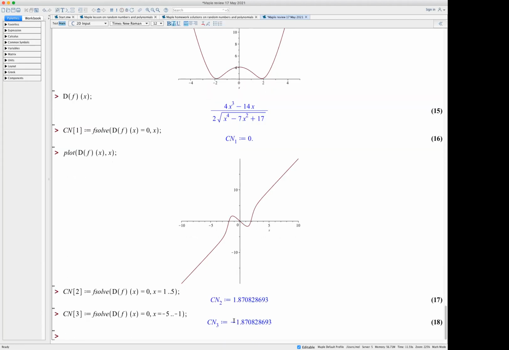So the derivative is equal to 0 at 3 places. And I want to know if they're local minima or local maxima. So I can use the second derivative test. So let's just write this as a note. Use the second derivative test to determine local maxima and minima.